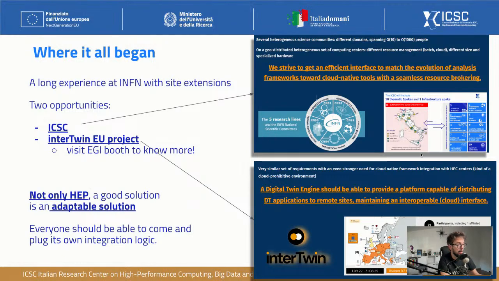We had a lot of experience in that for several years, but the trigger of the interLink creation was that we had two perfect playgrounds for this development. The first one is the Italian Center for Supercomputing, Big Data and Quantum Computing, called ICSC, the most difficult acronym ever.